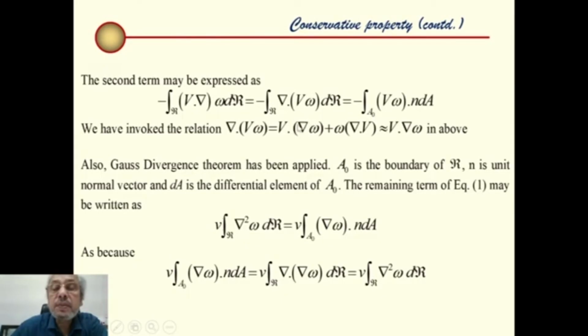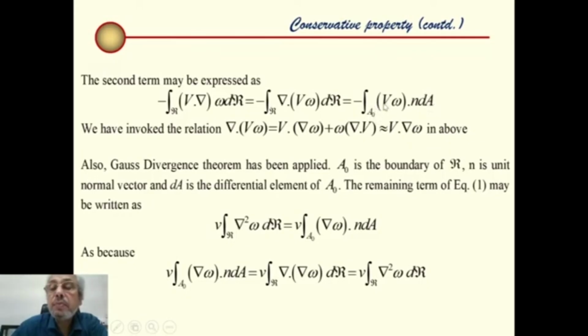So that means we get this as v dot grad omega. Now v dot grad omega is integrated over space, over volume. If this volume integral is converted into area integral, then we can write the area encompassing that, A naught.